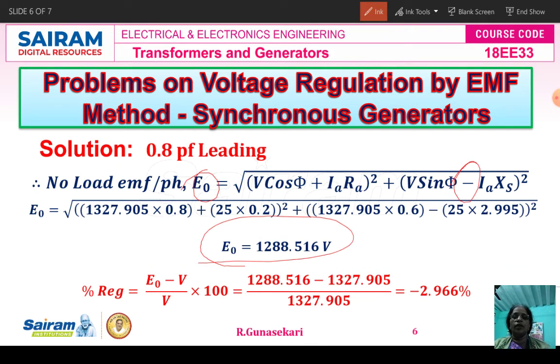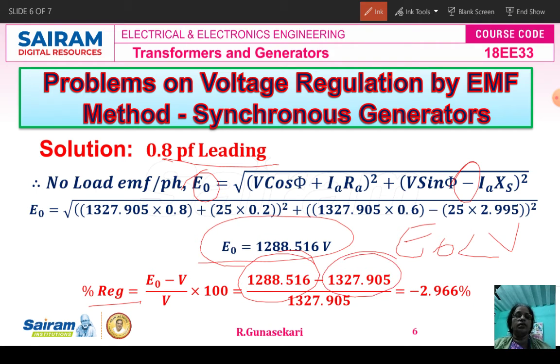Now we know the value of E0, we know the value of V. Now you can calculate the percentage voltage regulation for leading power factor, E0 minus V divided by V into 100. In this case you can see the E0 is less than V only. You see E0 is 1288.516 but V is equal to 1327.985.